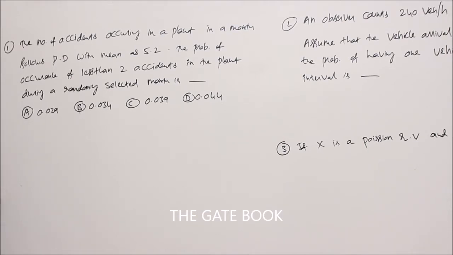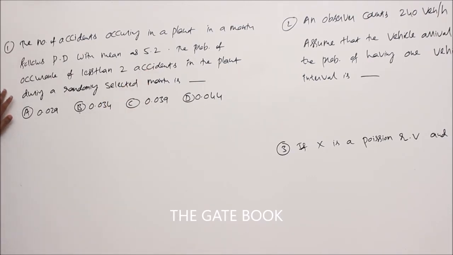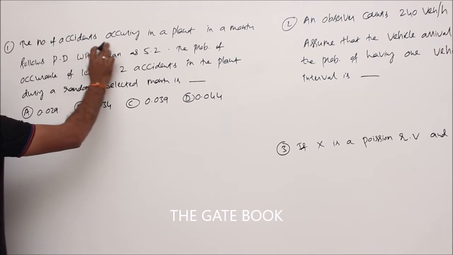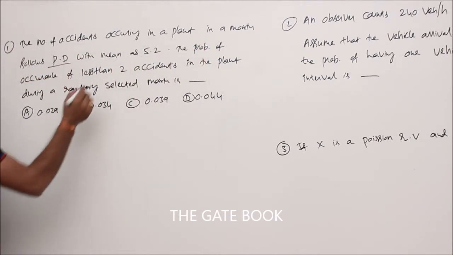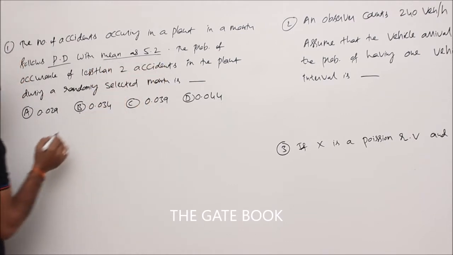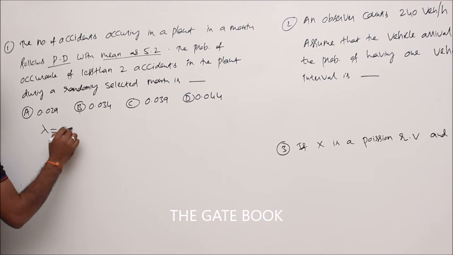The number of accidents occurring in a plant in a month follows Poisson distribution with mean as 5.2. The probability of occurrence of less than 2 accidents in the plant during a randomly selected month is. So it is given that number of accidents follows Poisson distribution with mean 5.2. So mean of Poisson distribution is lambda, that is given as 5.2.